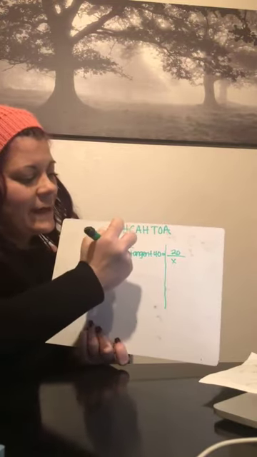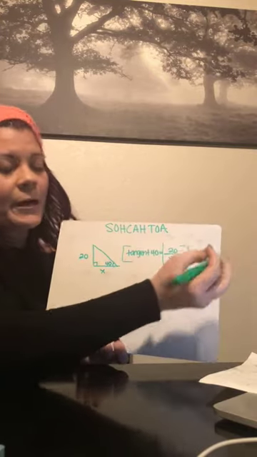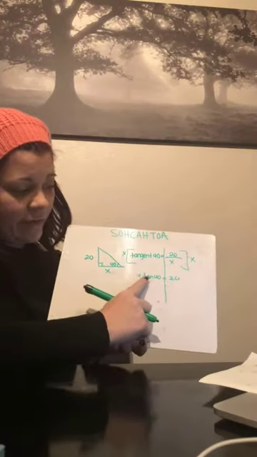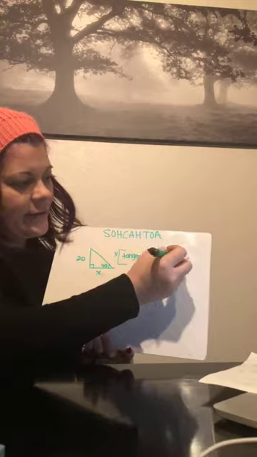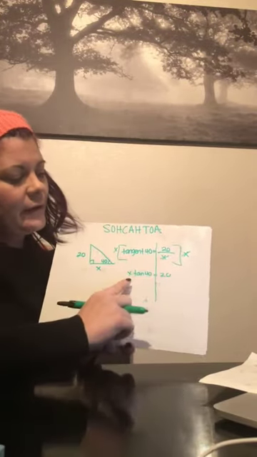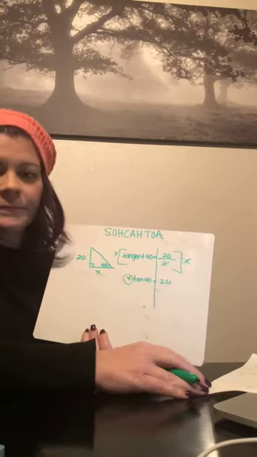So first of all, I've got to get it out of the denominator. I'm going to multiply both sides by x. Then I get x tangent of 40 is equal to 20, because x times this is just x times that, and x divided by x is just 1, so you're just left with 20. Now I still need to isolate the x.